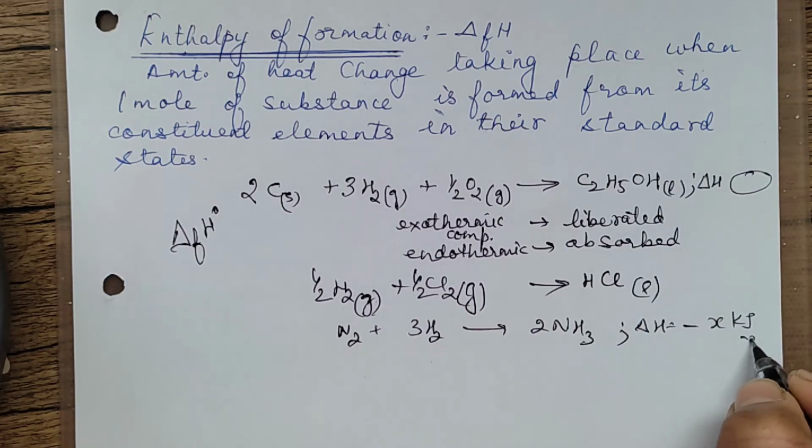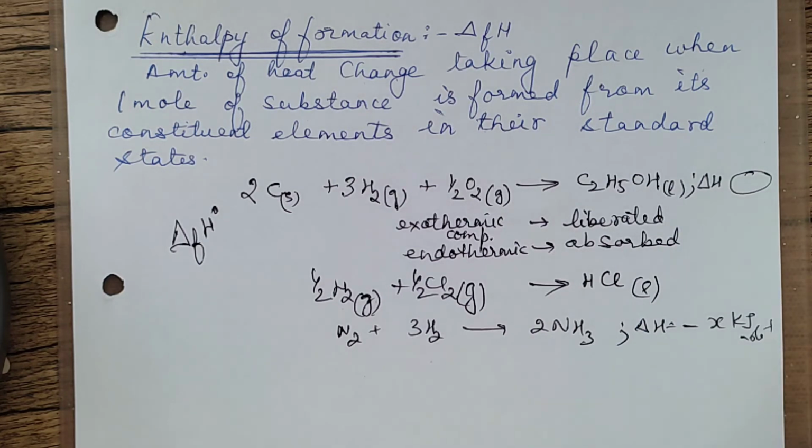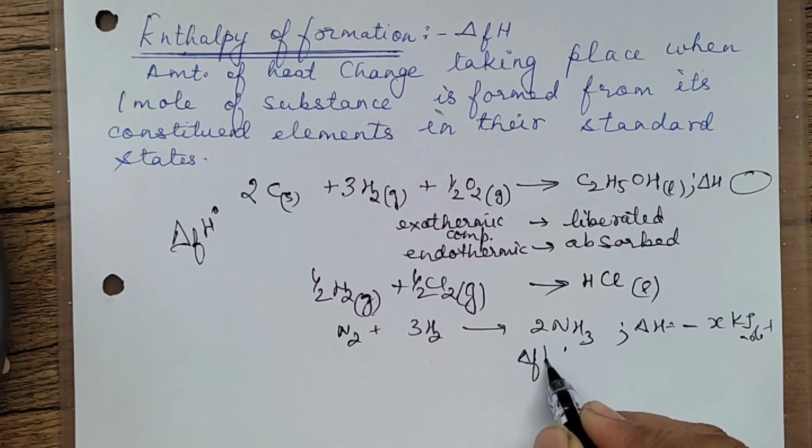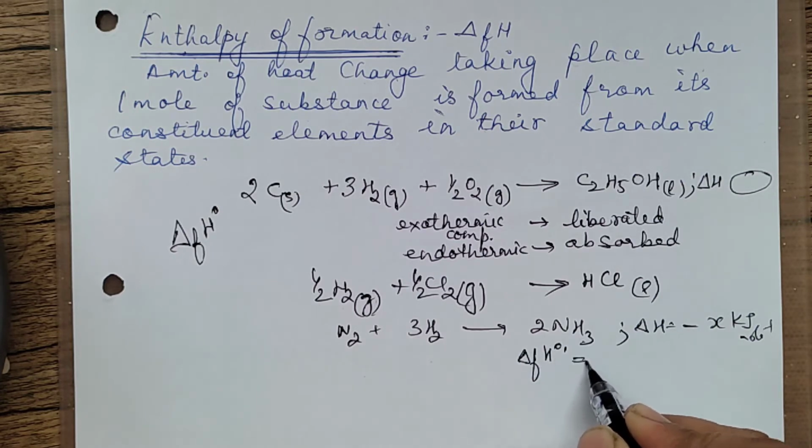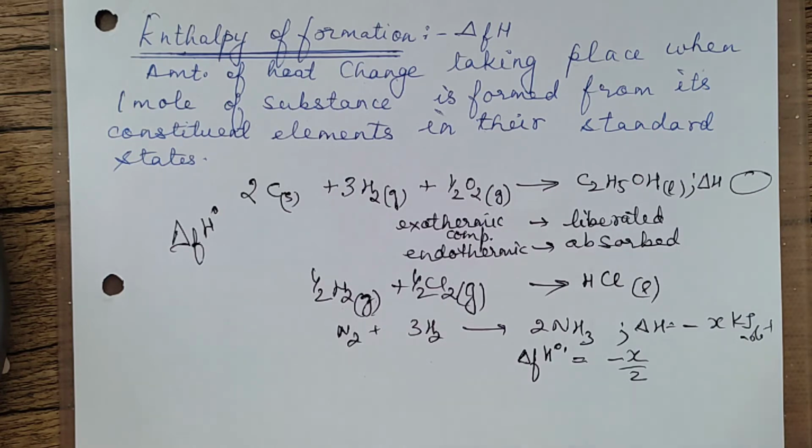What is the enthalpy of formation of ammonia? If for 2 moles this value is given, the enthalpy of the formation of ammonia would then be X by 2, because for 1 mole formation we have to see the enthalpy. That is called the enthalpy of the formation.